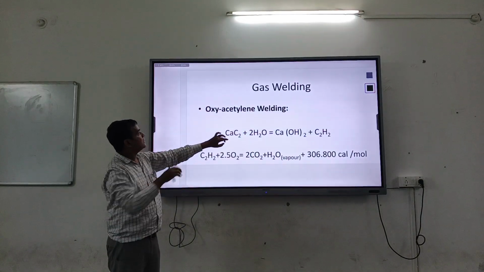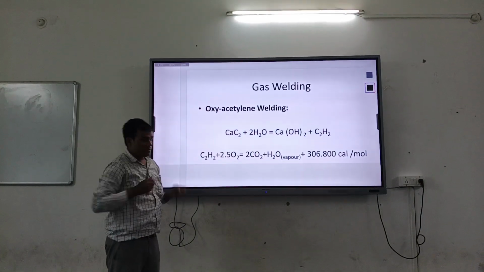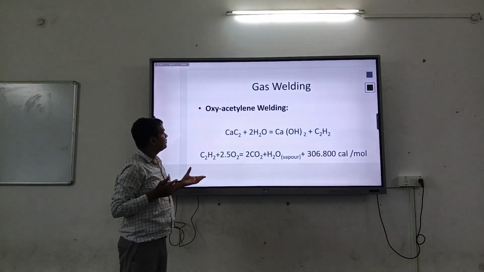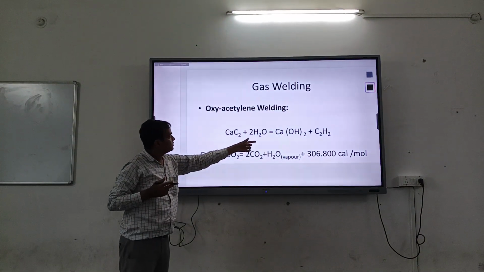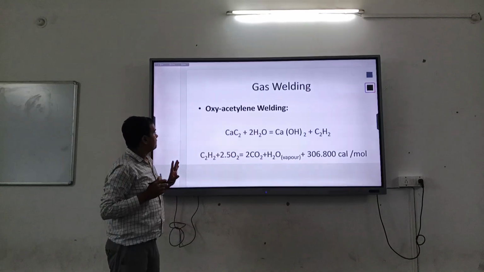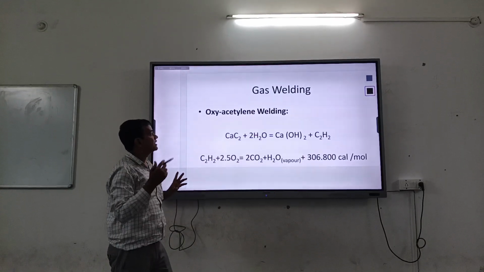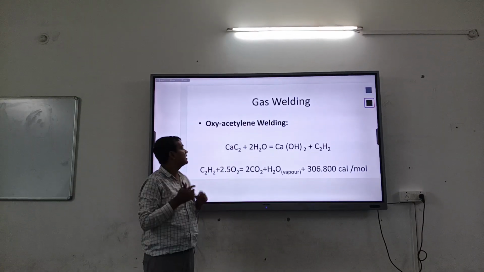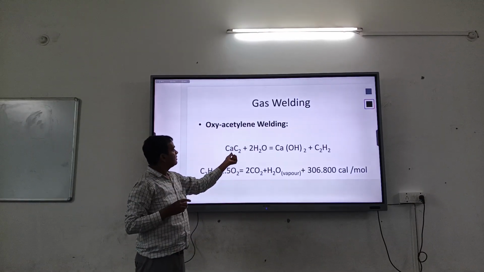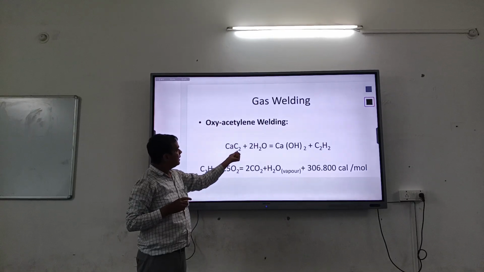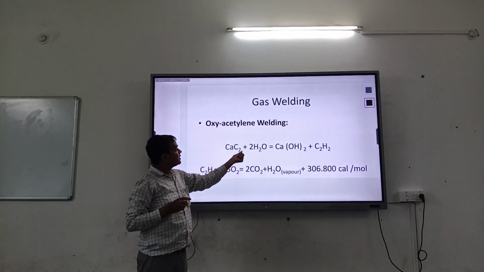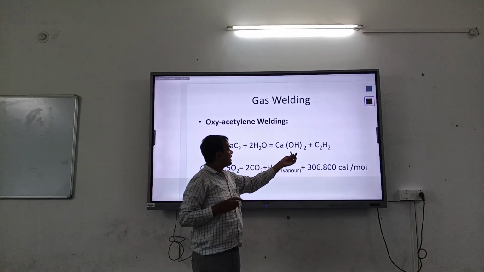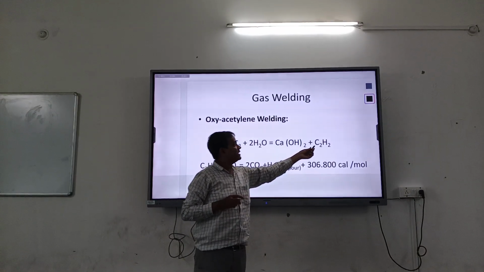And in gas welding, heat is transferred because of this reaction. First of all, we should create the acetylene gas in the acetylene gas cylinder. Calcium carbide reacts with water and provides calcium hydroxide and acetylene gas.